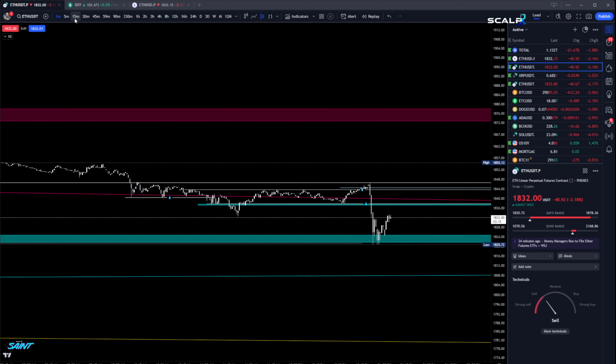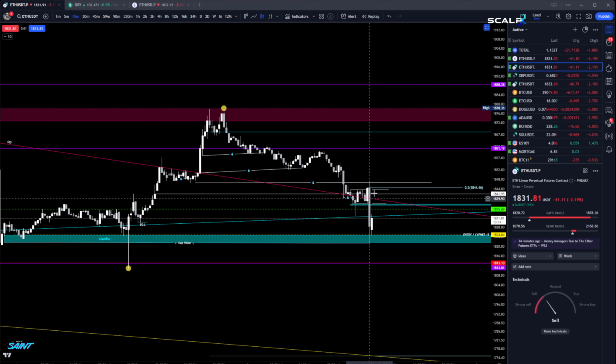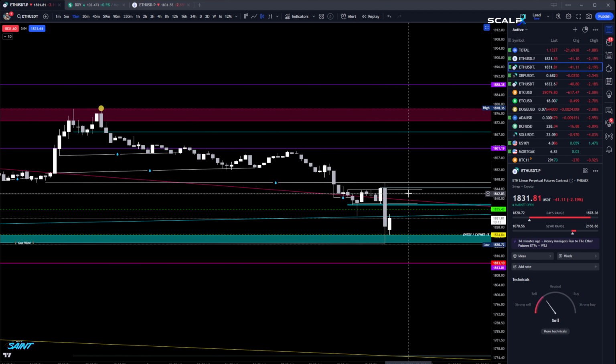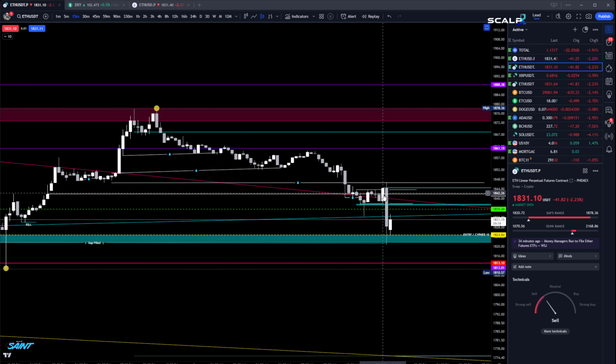Let's go to 15 minutes, see if it has any different reaction. So you have a bearish, now that is a bearish engulfing. That's what this one is right here, because it's engulfing the preceding candle.